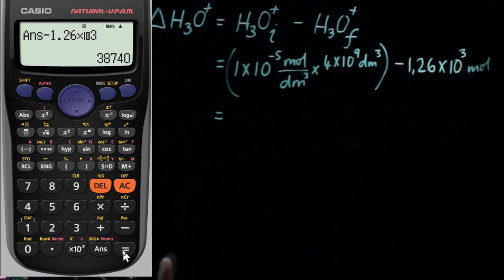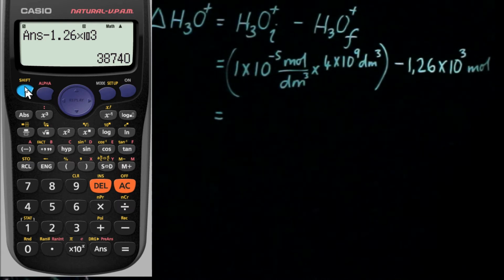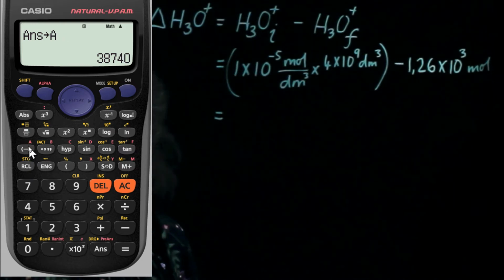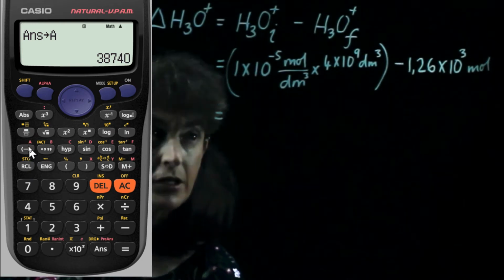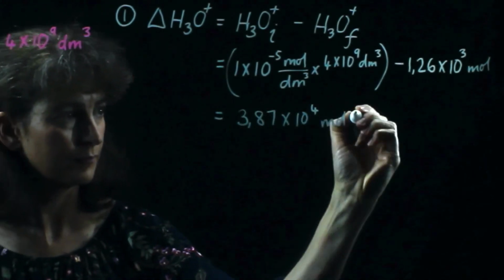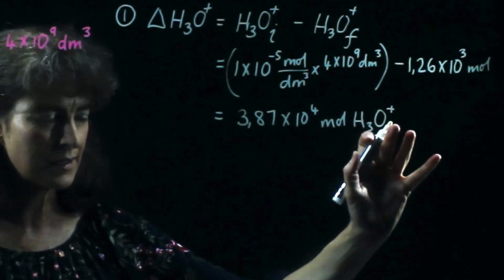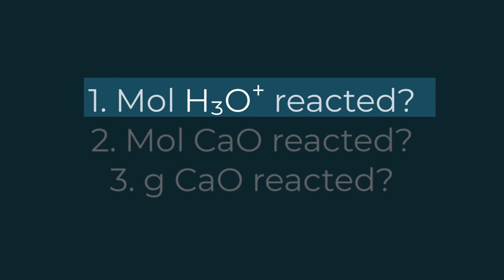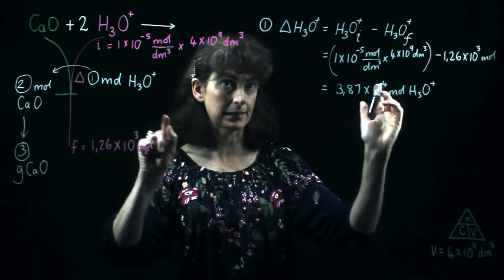Let us store that into memory. So we say shift recall, which then makes it store A. Let's also not clear our calculator, so maybe we're not even going to need the memory. Okay, what is this that we calculated? How many moles of hydronium actually reacted?